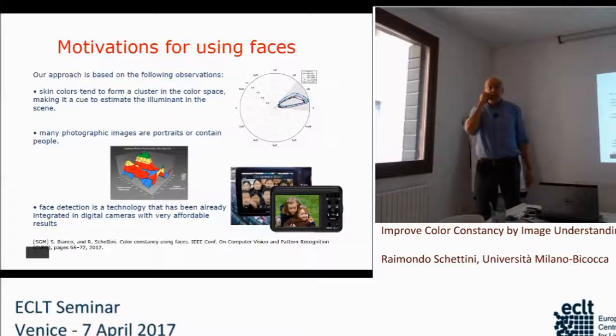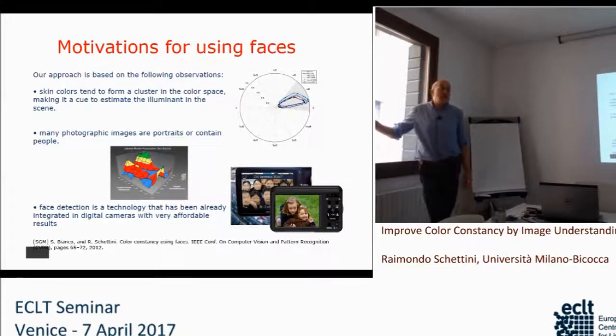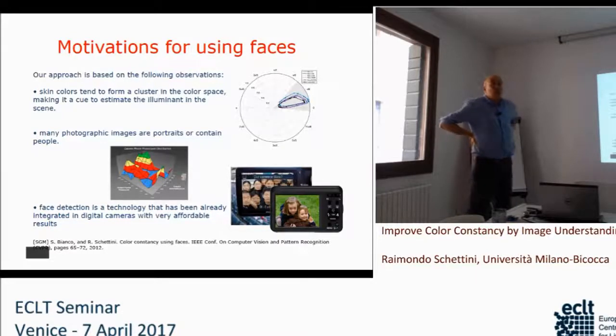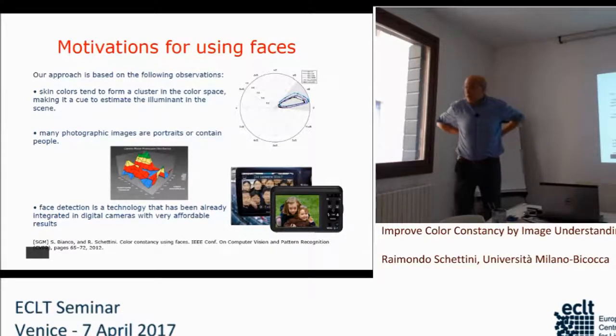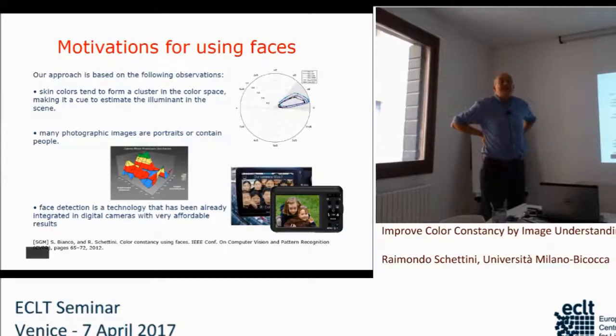In about 50% of commercial images, there is a face. In many cameras, there is already a face detector implemented that is used for autofocusing. So the idea is, can we use the face for color balancing?